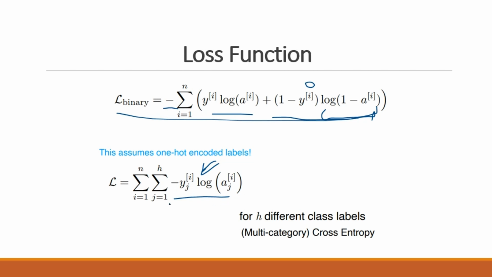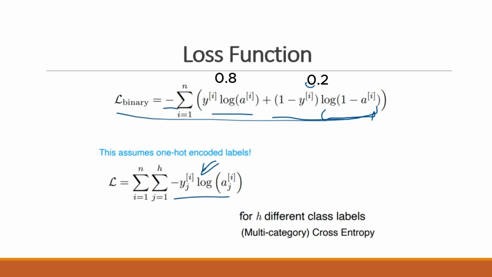It's just a generalization, because if we have a 0.8 here, for example, for the activation, then we would have a 0.2 here for 1 minus the activation, right? Because they have to sum up to 1. With a softmax function, it's the same thing. All the activations sum up to 1. So if we have two class labels, 0 and 1, these equations are identical, because it's just a different way of writing this.